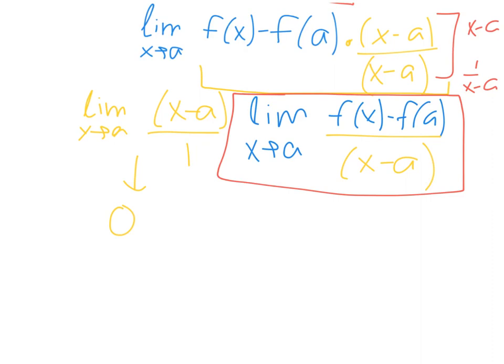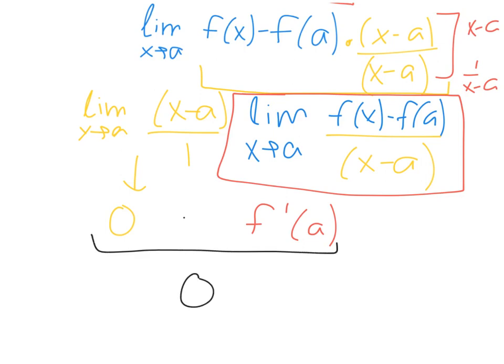So this is the definition of the derivative at point a. The limit up here is 0 times our derivative, and that's just 0. Now, this is important: we know this exists. Not every function is differentiable at every point, but here we know that a does have a derivative because we assumed it at the beginning.